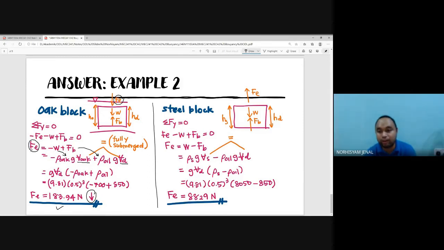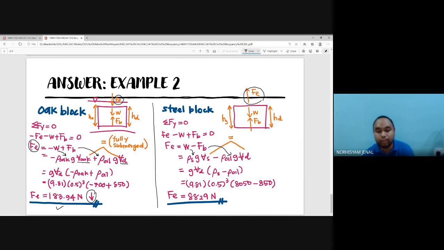Okay, steel block, the external force is moving upward because we want to pull it up. So we do the same. FE is positive: FE minus W plus FB equals 0. So FE is equal to W minus FB. This is different from the oak block. So what we will have here is rho steel times g times V steel for W. FB is also the same.